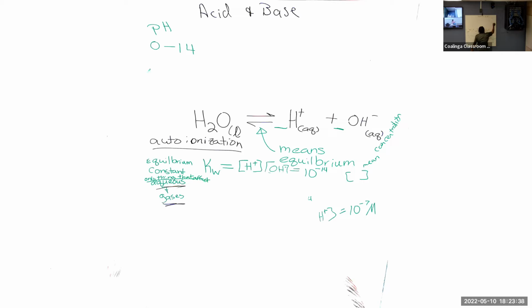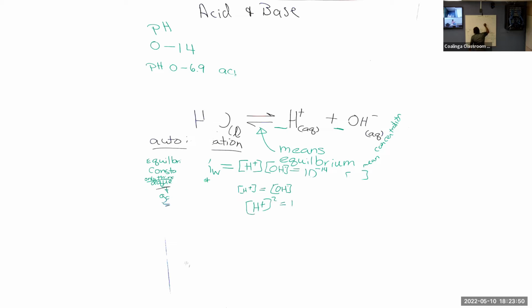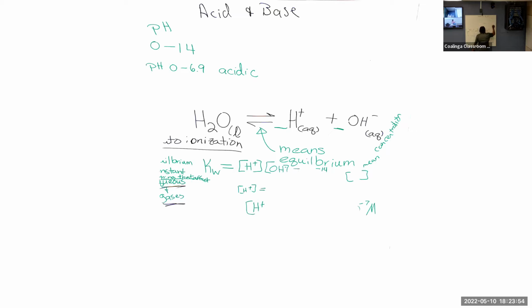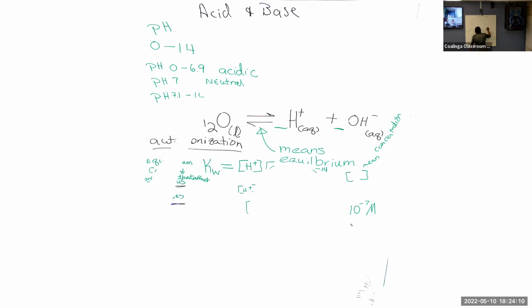If the pH is less than 7, say 6.9, it's considered to be acidic. If the pH is 7, it's considered to be neutral. And if the pH is greater than 7, up to 14, it's considered to be basic.